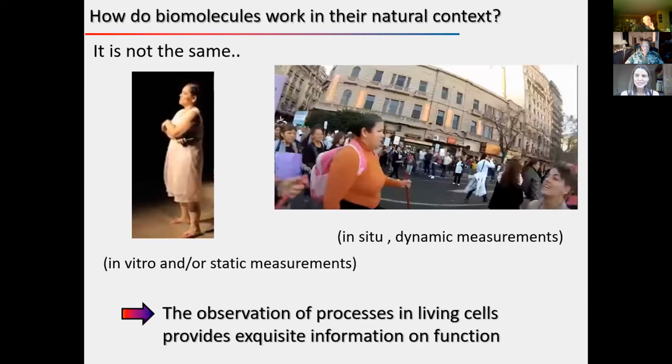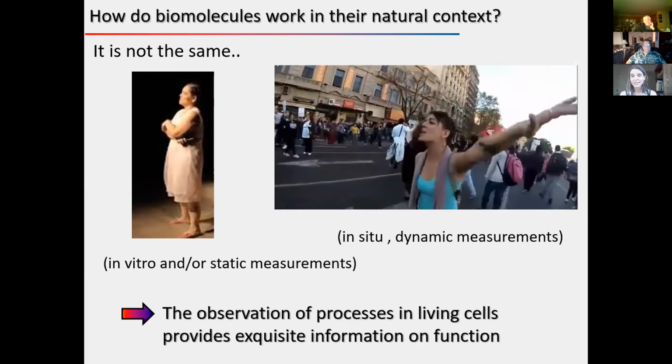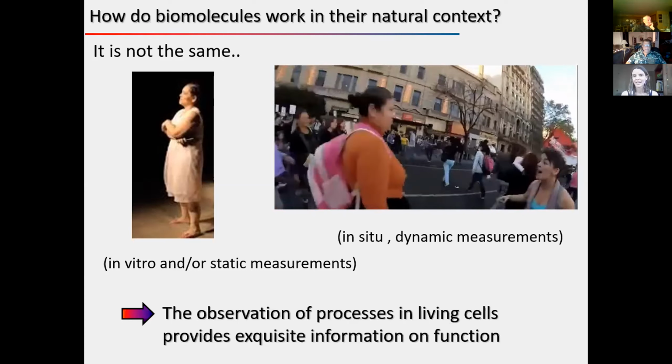So let's imagine that you want to understand how a city is organized. You have two different ways of doing this kind of experiment. You can, for example, extract a woman here, isolate her, put her in an artificial context and look at what she does. The other way of understanding how this city is organized is just observing these women working, living, interacting with each other in their real context.